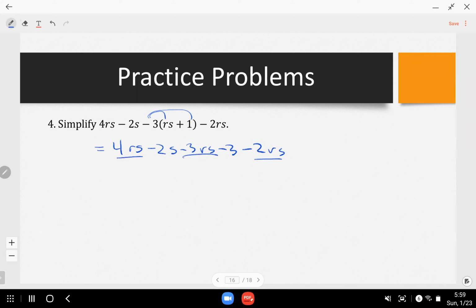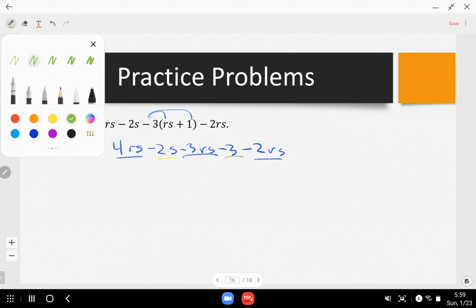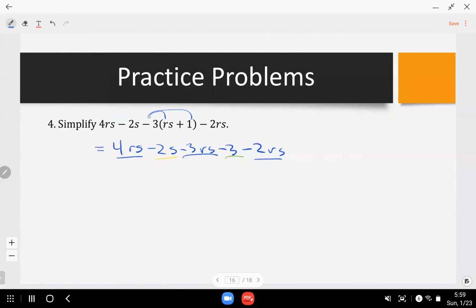Like this itself, and then we have our constant. So these are our different terms here. So we're subtracting 3RS and negative 2RS from 4RS. So basically negative RS.